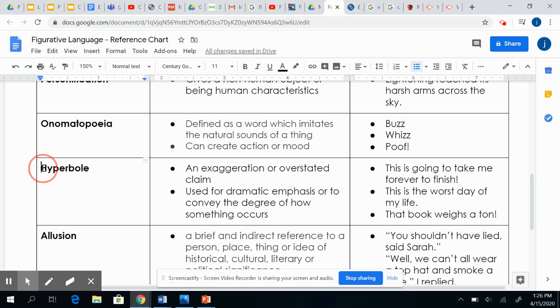Another type of figurative language often found in literature is a hyperbole. My son and several of you are the kings of hyperboles. A hyperbole is an exaggeration or overstated claim. It is often used for dramatic emphasis or to convey the degree of how something occurs.